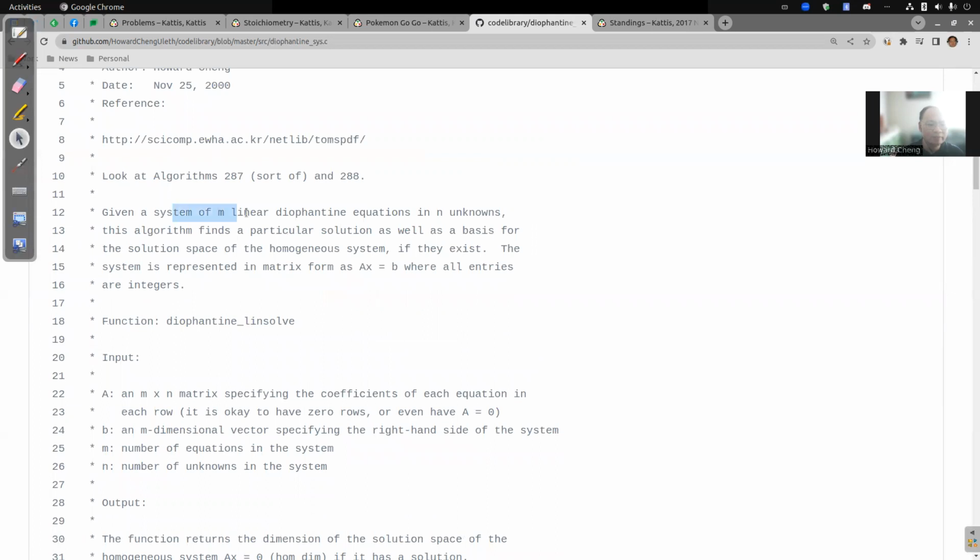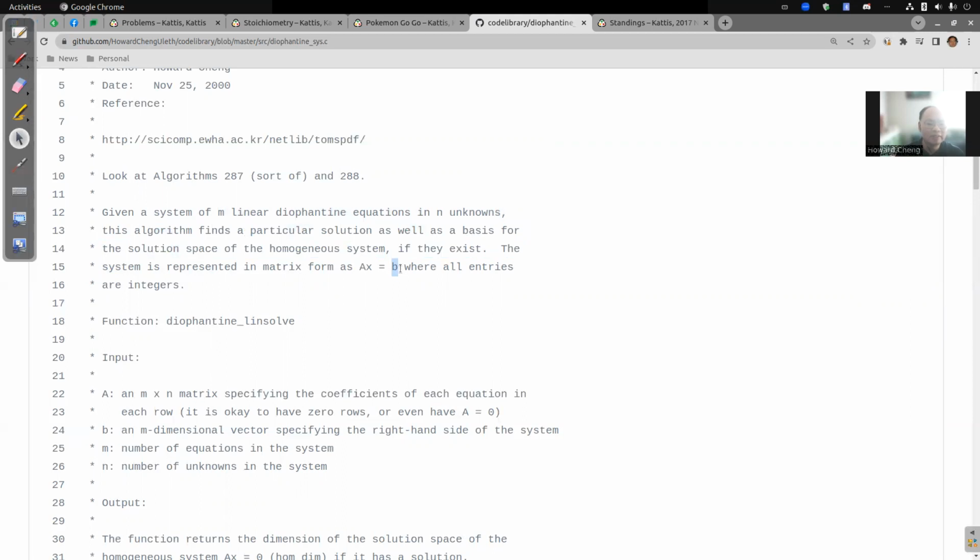Given a system of m linear Diophantine equations in n unknowns, the algorithm finds a particular solution as well as the basis of the solution space of the homogeneous system if they exist. So if you know linear algebra, to find all solutions of any system, you find one particular solution, if you can find one, and then you solve the corresponding system where the right-hand side is 0 and figure out all the possible solutions.